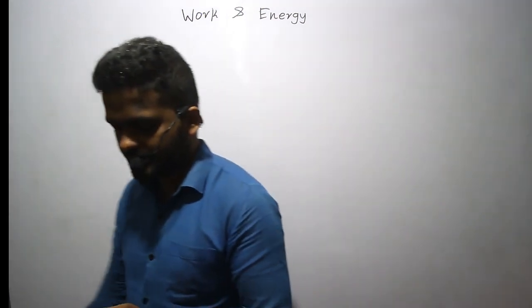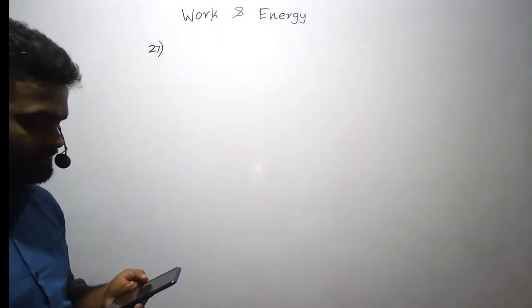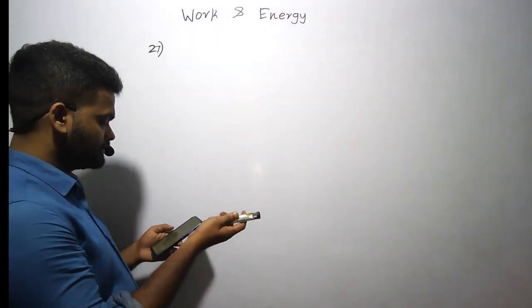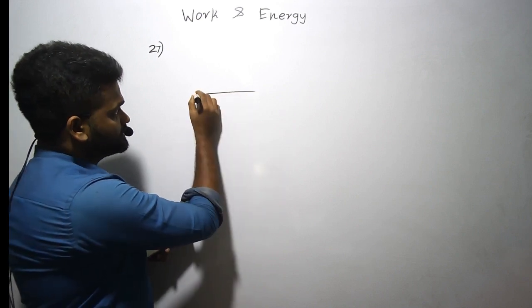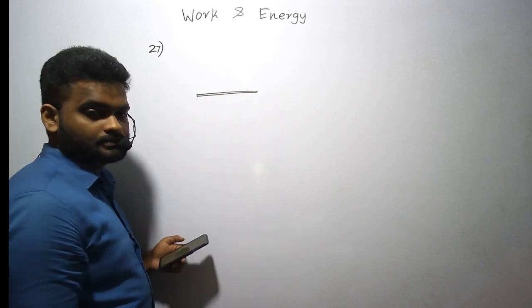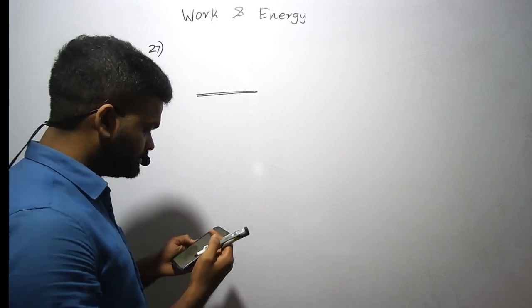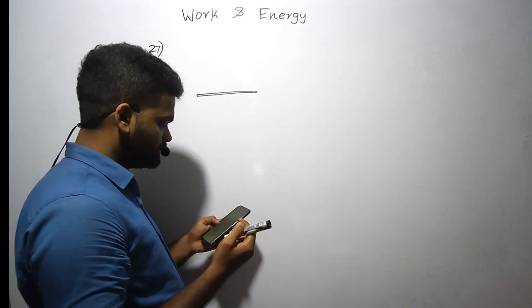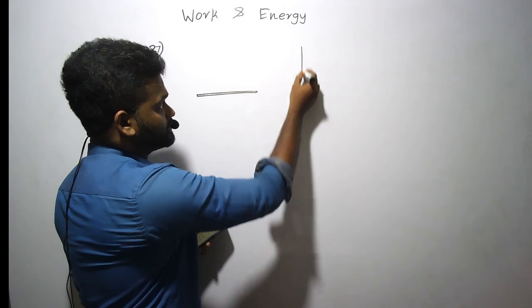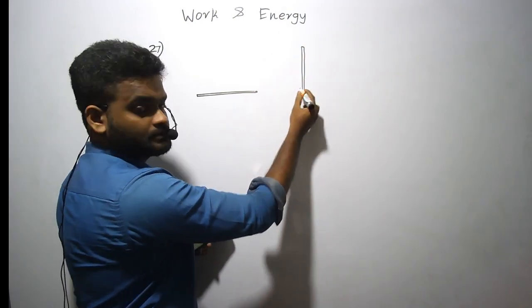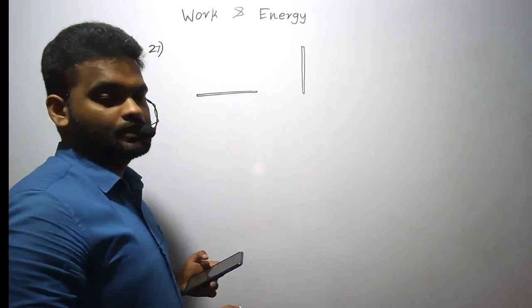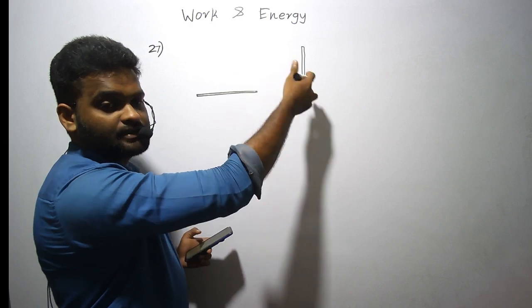Right, let's see. So we have a ladder. Initially the ladder is horizontal. Standing up means you have to make it vertical. So when you make it vertical, what changes?